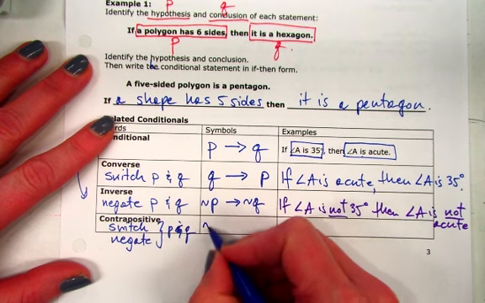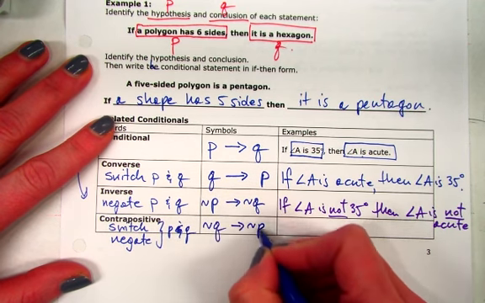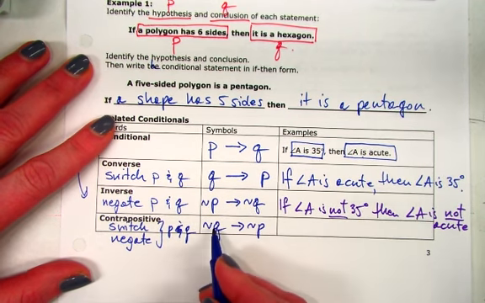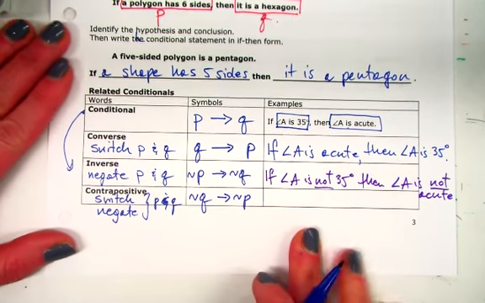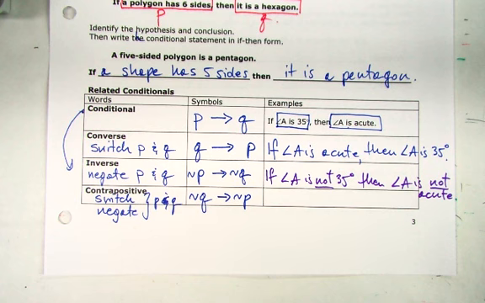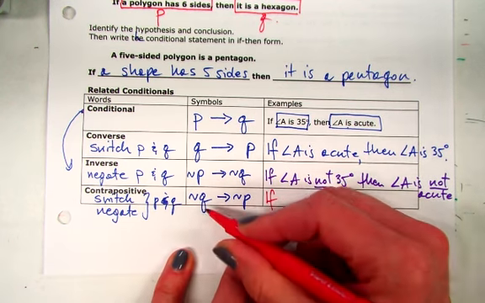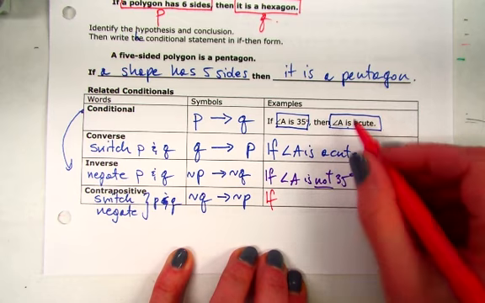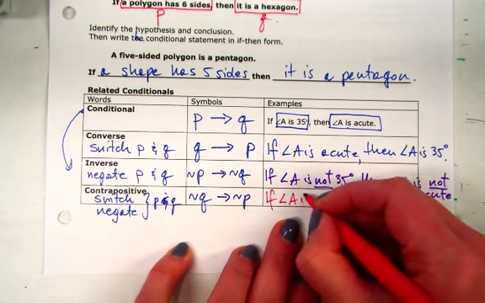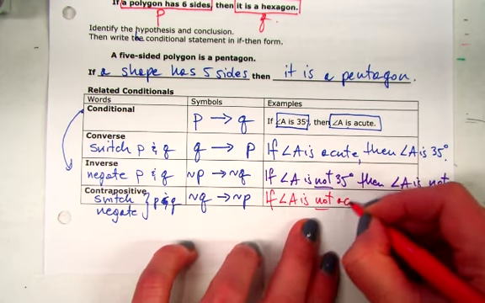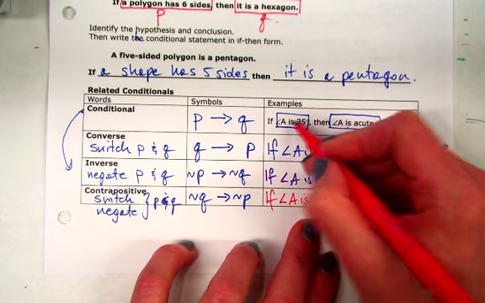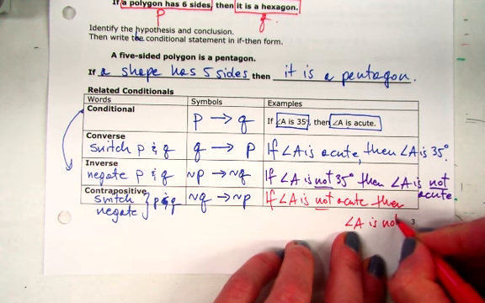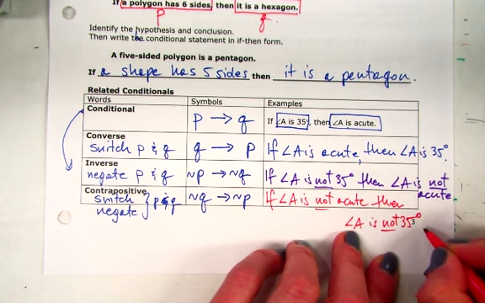So it would be not Q, arrow, not P. So you would read this, if not Q, then not P. And the statement for that would be, so I got to negate Q, going back to the original, if angle A is not acute, then angle A, I'm looking at P, is not 35 degrees.